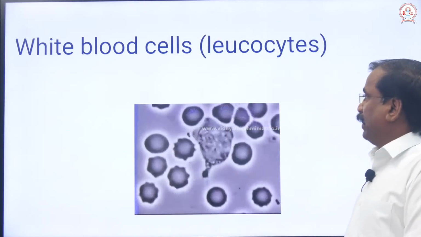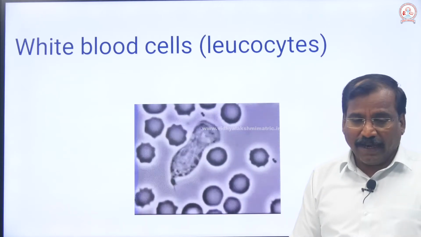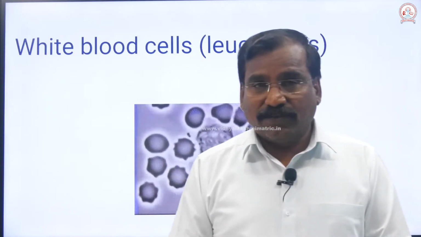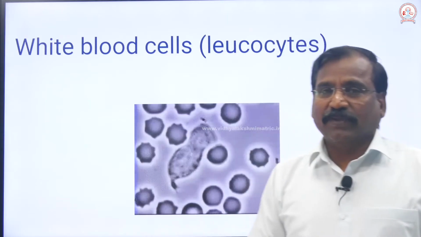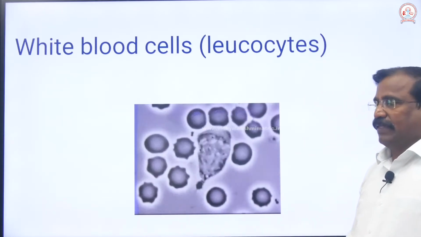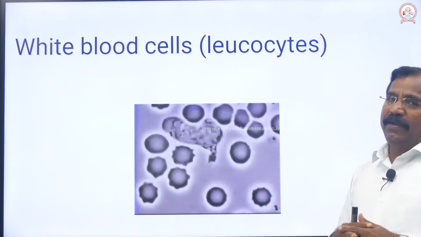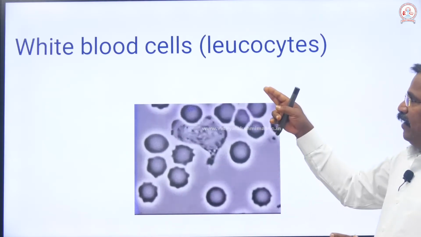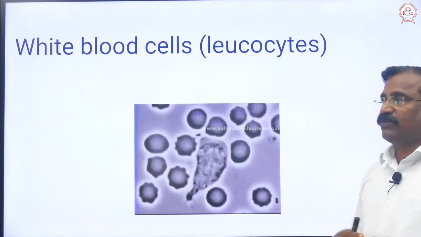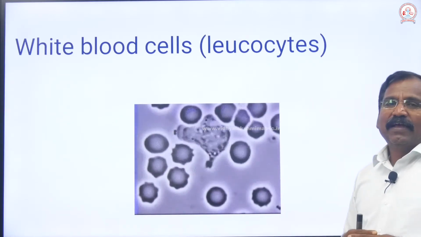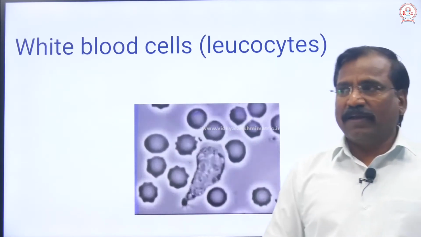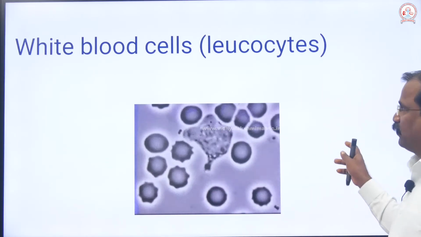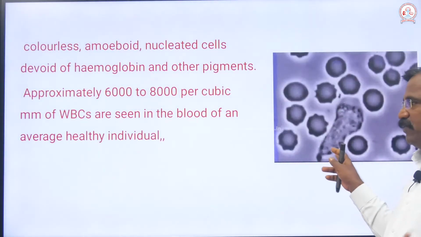The next formed element is the WBC, white blood cells or white blood corpuscles, also called leukocytes. It is colorless since there is no hemoglobin pigment, that is why it is white. So it is called white blood cells or leukocytes. White blood cells, white blood corpuscles or leukocytes, all are the same.